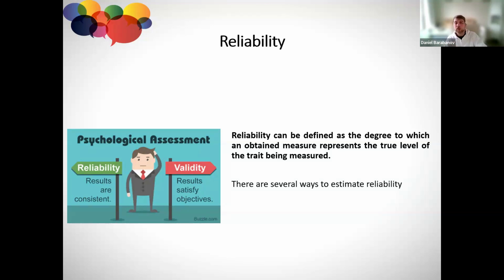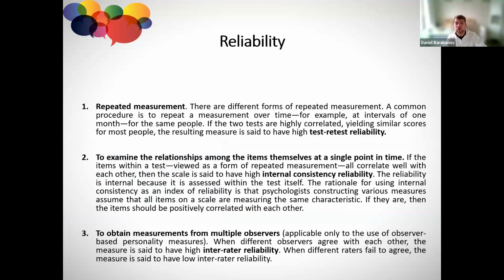So how can we estimate reliability? There are three major ways to do this. The first one is the so-called repeated methods. The basic idea, again, is very simple. You conduct a measurement, then after a certain period of time, you conduct a second measurement and maybe a third measurement, and you just compare the results.